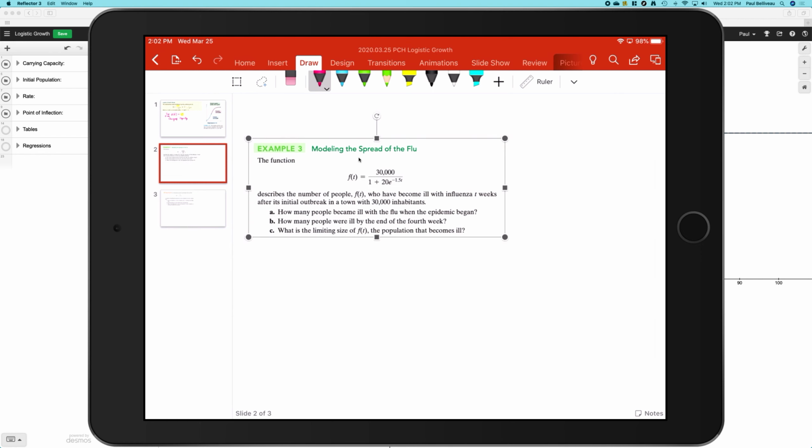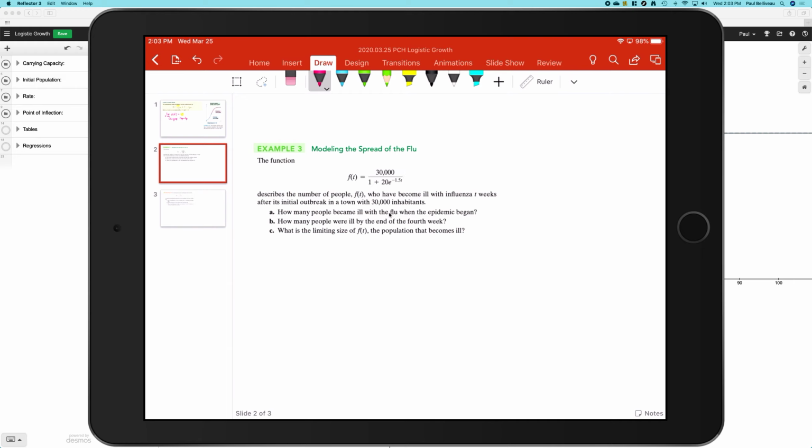This function up here describes the number of people who will contract the flu as it spreads through a town with 30,000 inhabitants. So 30,000 is the carrying capacity of this flu in this town. Flu can't inhabit more people than the town has. So that's your upper limit. Sometimes the question, what is the carrying capacity, is that easily answered.